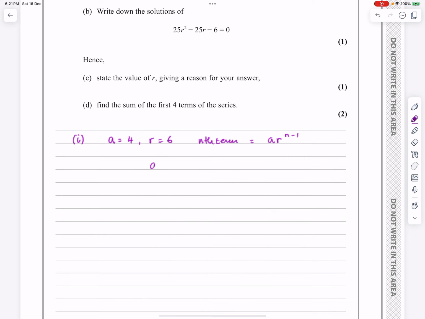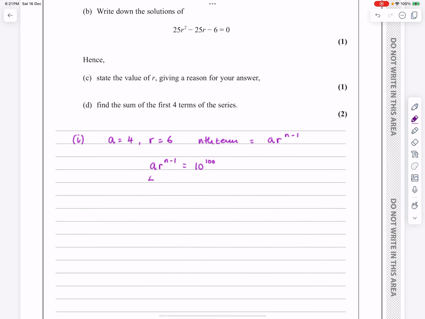So I'm going to say ar to the n minus 1 equals 10 to the power of 100. Then when I get n, if n works out to be 13.5 or something, I'll say n has to be the next term, which would be 14, the 14th term. Let's worry about that when we get there. Let's put our values in.